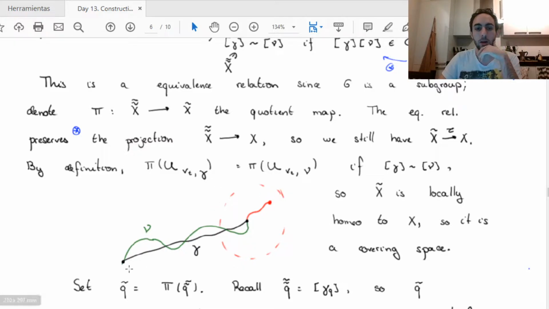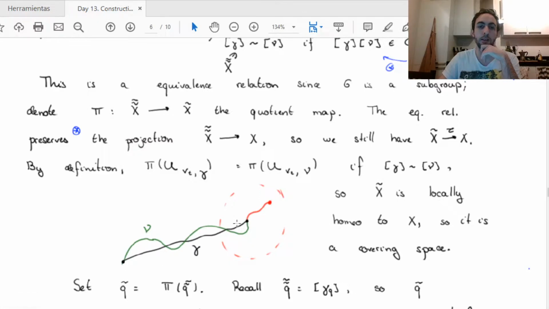And why is this? Well, let's say gamma concatenated with nu is now in G. Then these two are related. Then the same is true for gamma concatenated with the red thing and nu concatenated with the red thing, right?